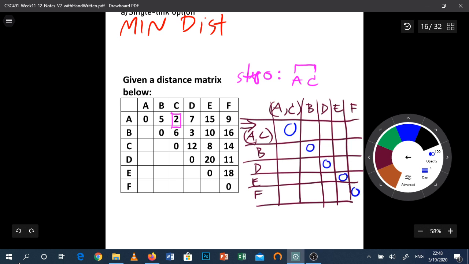For anything that hasn't touched A or C, we use the same distance as before.